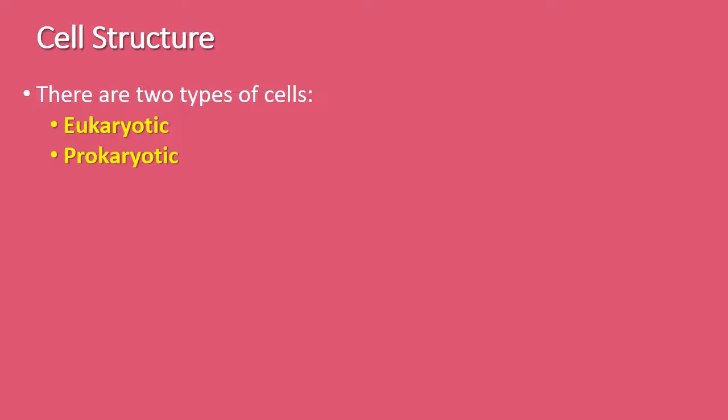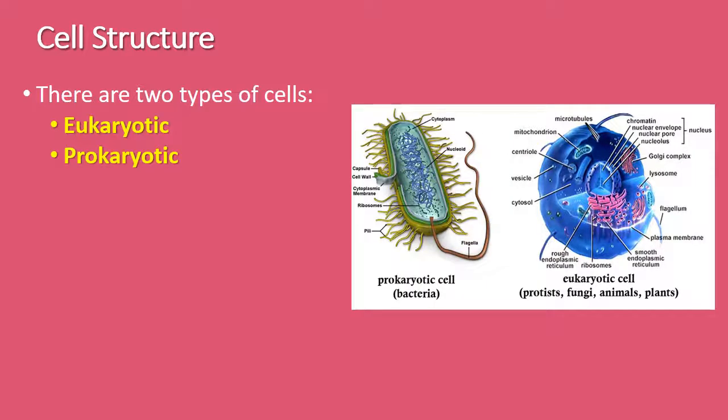So let's talk a little bit about cell structure. We know there are two types of cells. You have eukaryotic cells and prokaryotic cells, and this is just a picture that I found on the internet, and it shows you the difference in the two structures.